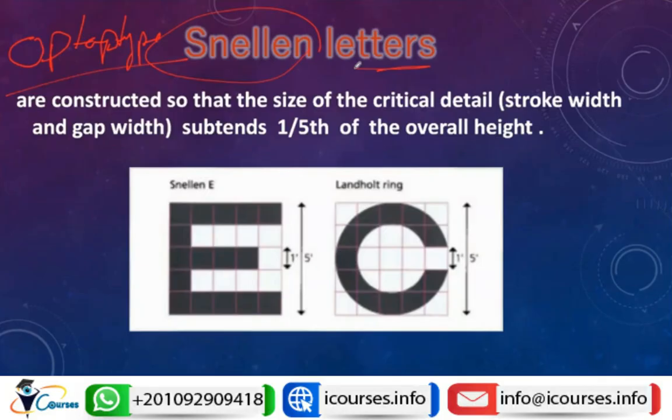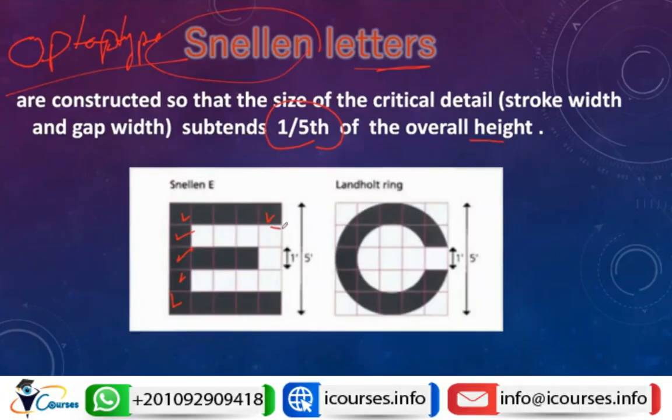So what are the Snellen letters? The Snellen letters are constructed so that the critical detail or the stroke width subtends one-fifth of the overall height. So if we divide the Snellen letter into 5 segments, 1, 2, 3, 4 and 5, each segment, either black or white, will have 1/5 of the overall height.